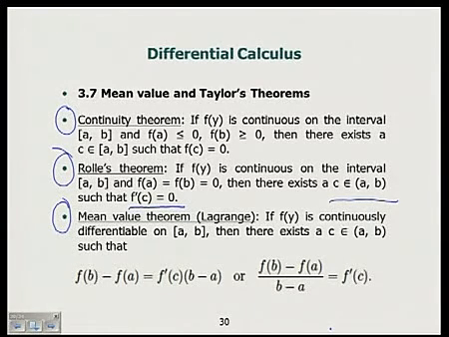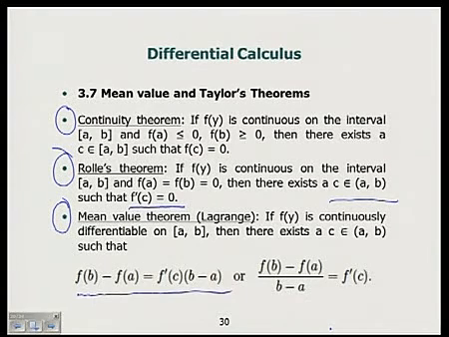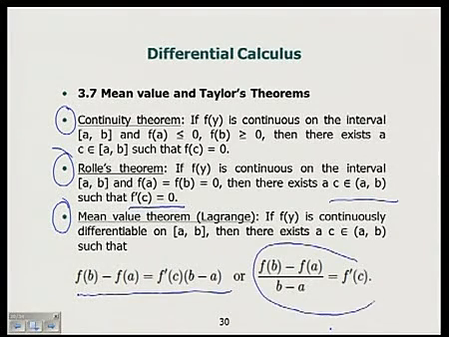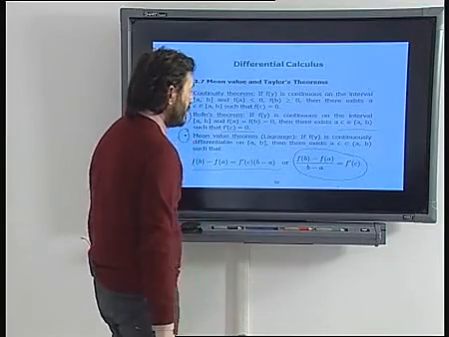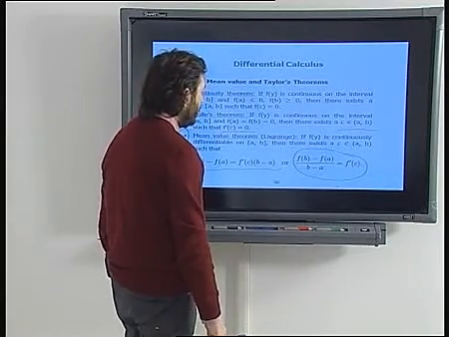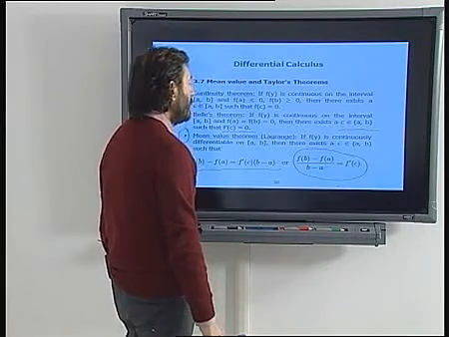Then the mean value theorem: if f of y is continuously differentiable on the closed interval AB, then there exists a point C in the open interval AB such that f of b minus f of a is equal to f prime of C, the first derivative at the point C, multiplied by b minus a in parentheses. And this is the same as writing the first derivative at C as the quotient f of b minus f of a over b minus a.